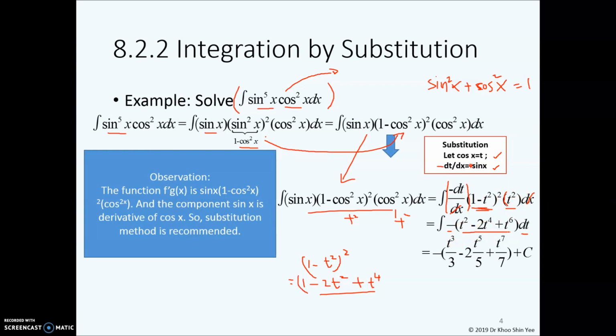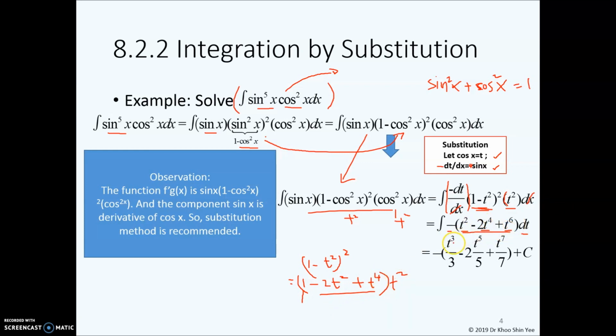So everything here you multiply with t squared. Let's check. For the first term you get t squared, correct? Second term you get negative 2t to the power of 4, correct? And then t to the power of 4 multiplied by t squared, you get t to the power of 6.